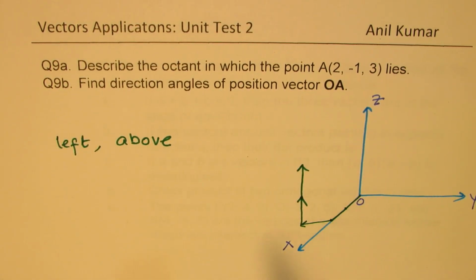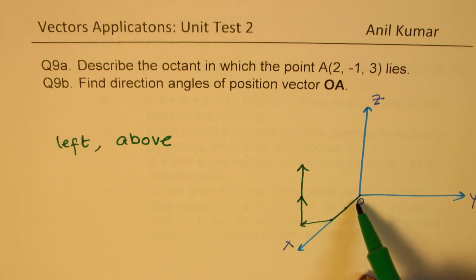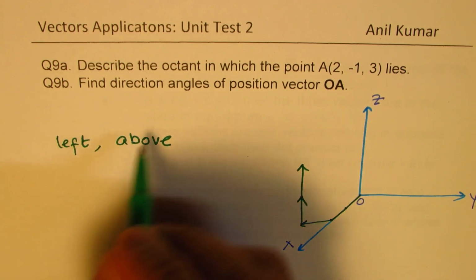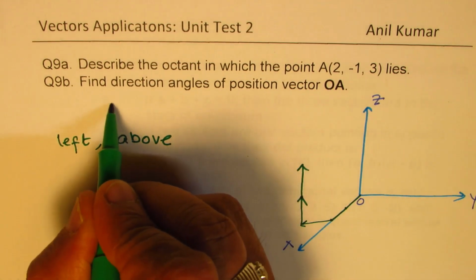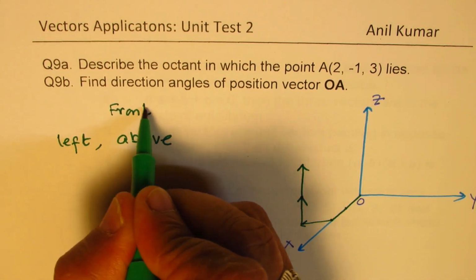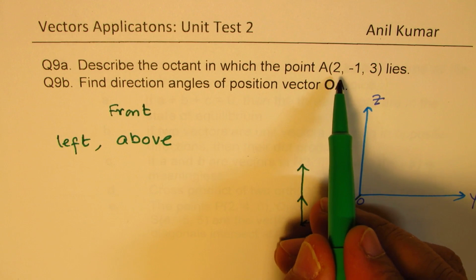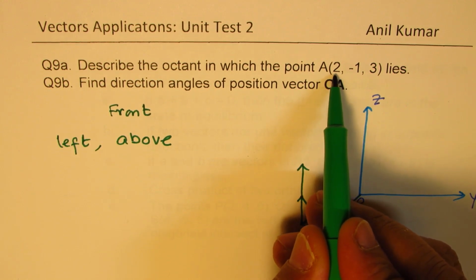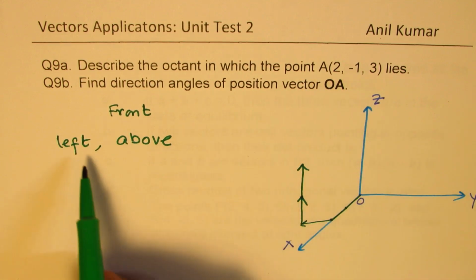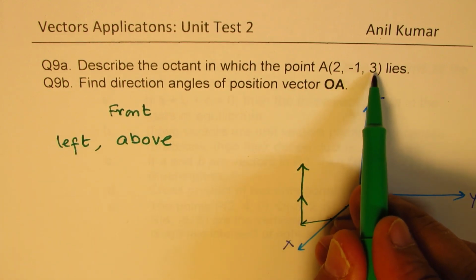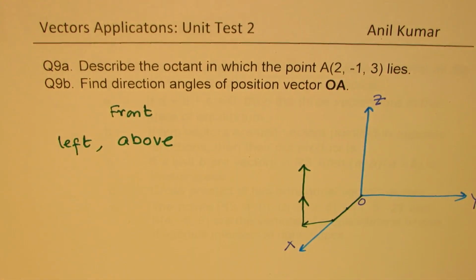Here we move left of the x-axis and we go above, and all this is happening in front, right? So for left above, you're going to actually write front first, since I want to associate this with the x value being positive means it is in front. This negative means it is left side, and this positive means above, right?